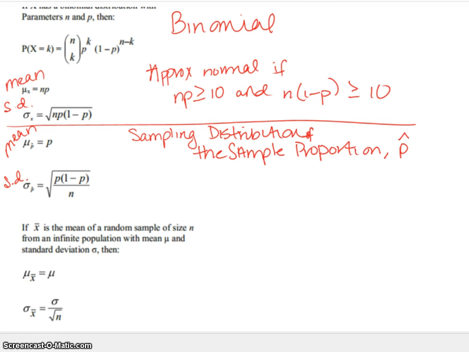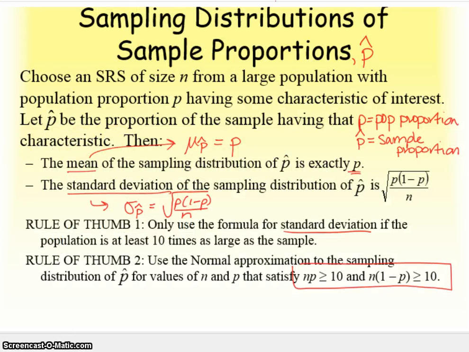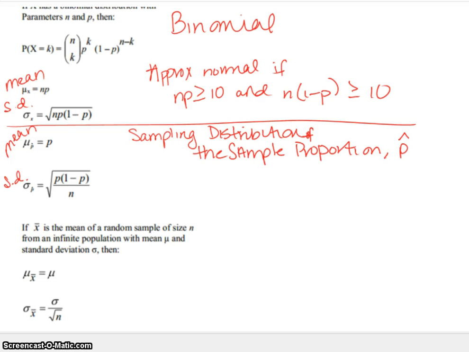And if you look back at the last slide, we can use that formula only when the population is at least 10 times the sample. So add yourself that little note.